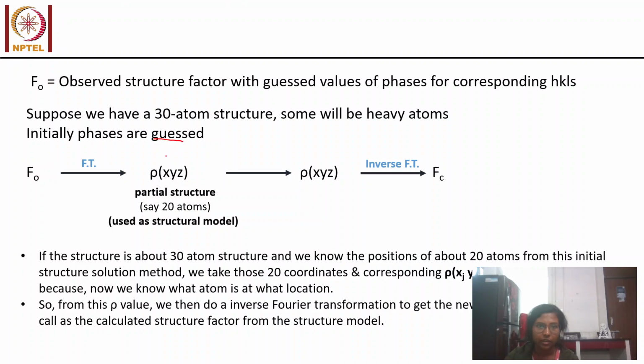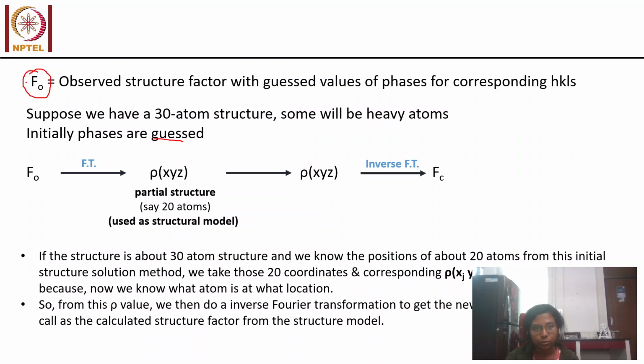For some HKL values we guess what the values of the phases will be, and then we get a structure factor which is called the observed structure factor F0.